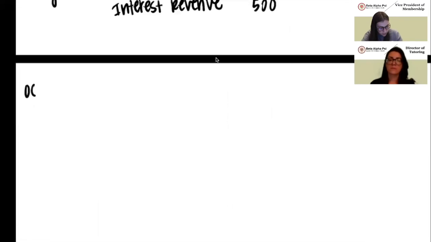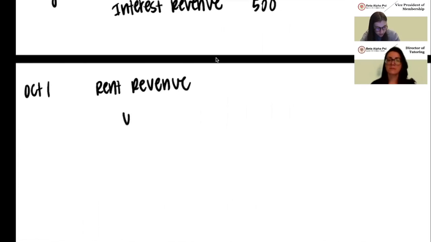So we need to debit rent revenue because this is going to lower that account. And we're going to credit unearned rent revenue to increase that account because we haven't really earned 5 months of that rent yet.